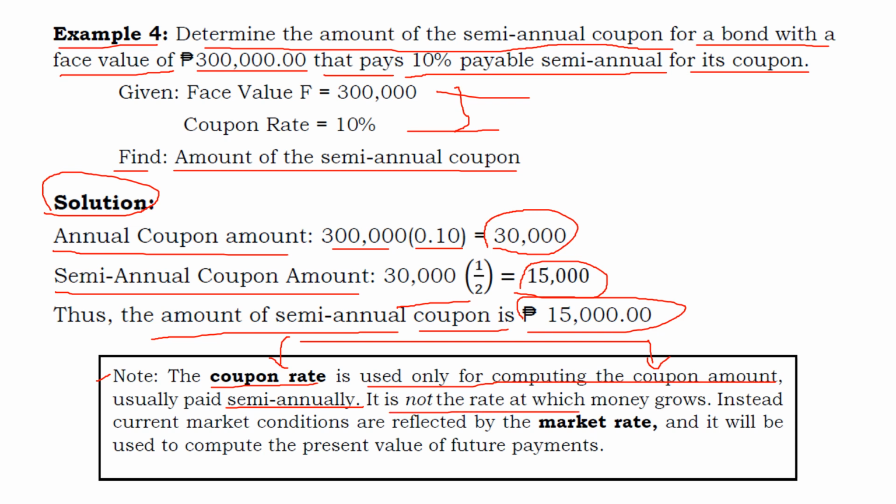It is not the rate at which money grows. Instead, current market conditions are reflected by the market rate, and it will be used to compute the present value of future payments. So that will be your coupon rate.